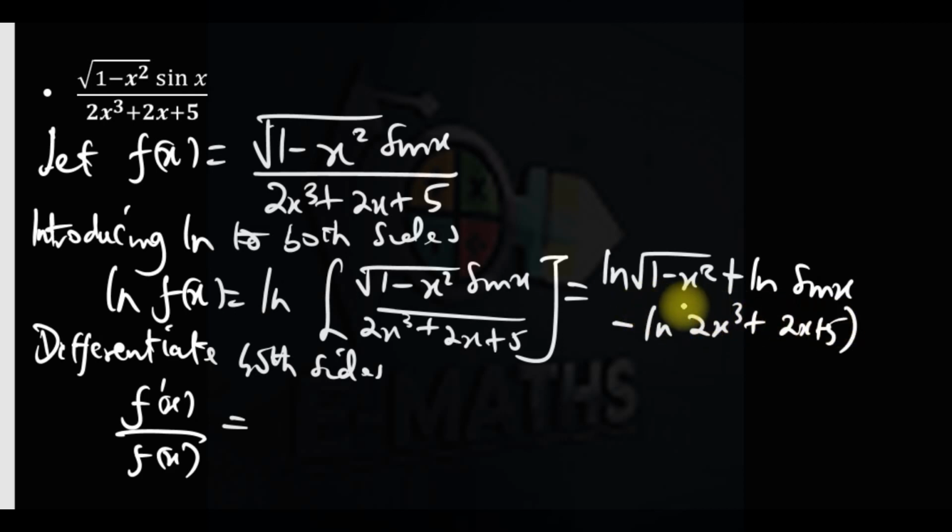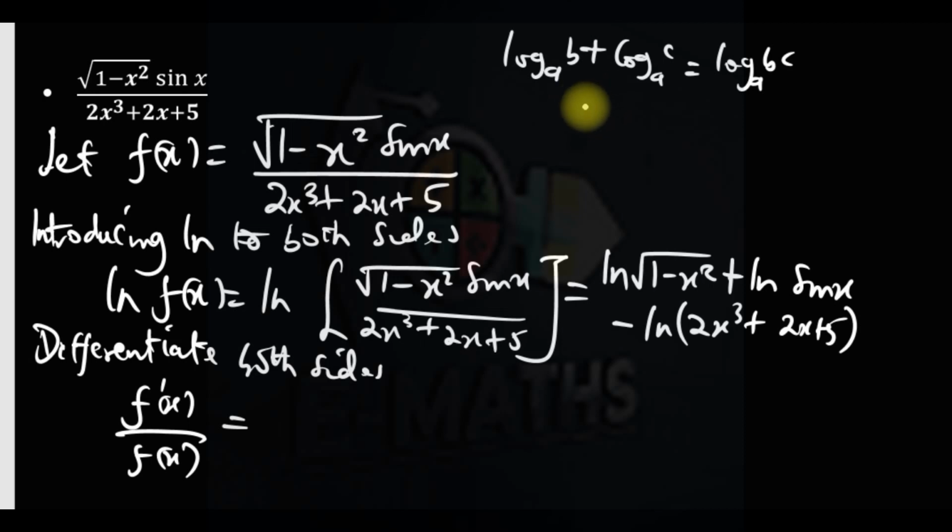Do you remember the law of logarithm, that if you have log B plus log C, once they have the same base, you just bring the two together, B times C. But if it's minus, it's now B over C. So that was what I used here. We have products, so I split it to be addition, and finally division, which is minus.